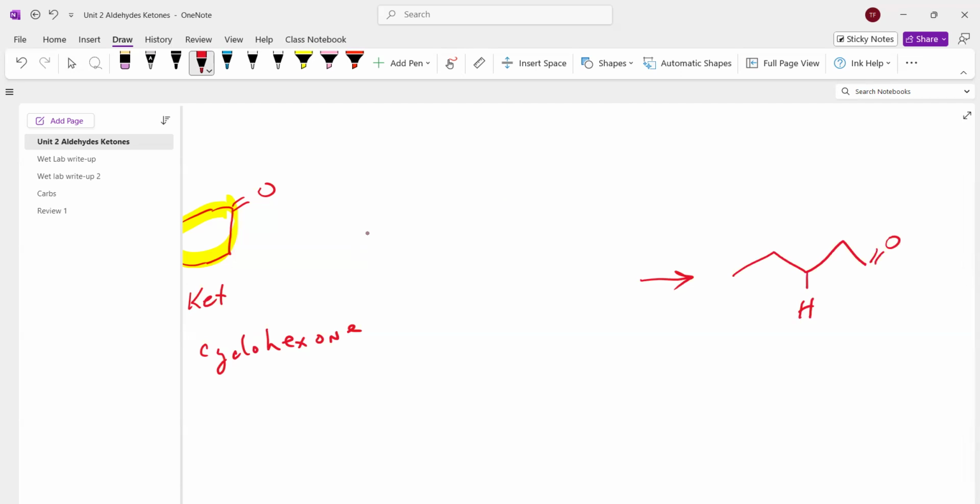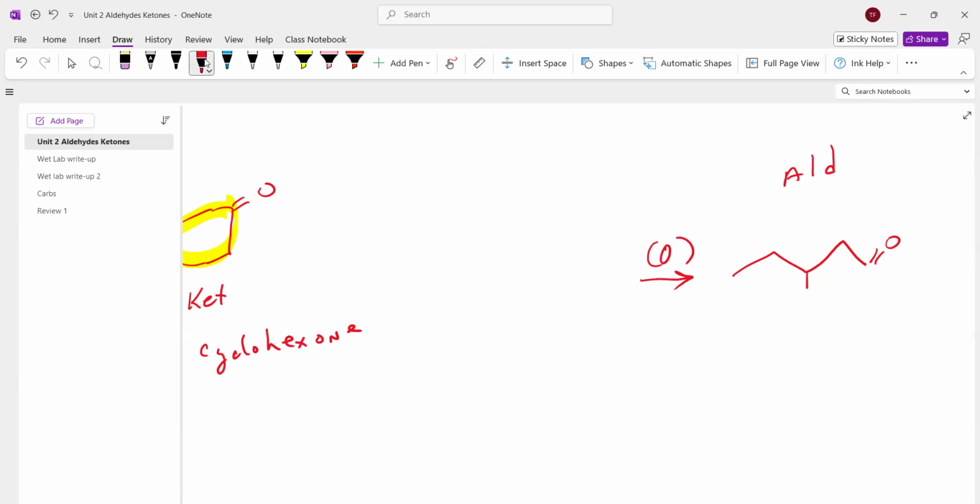Is it an alcohol, ketone, aldehyde, alkene, alkane? Identify it. Okay, it's an aldehyde. So, how do you make aldehydes? Well, one way to make them is using an oxidizing agent on a primary alcohol. There's a methyl group there.